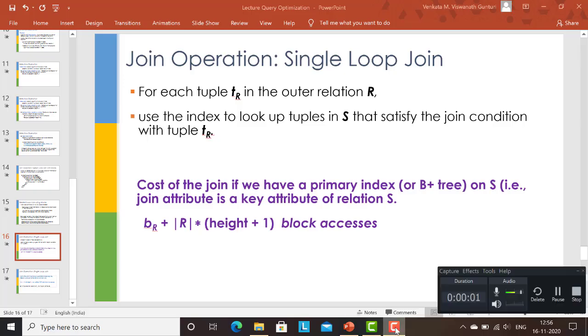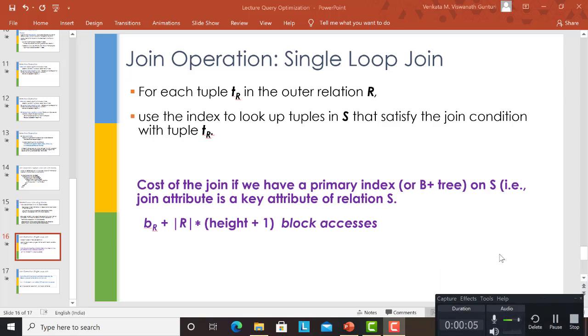Okay, let's continue with single loop joins now. So in the single loop join, the basic structure is that there is an outer relation R, and then we loop over the outer relation R, and then for every tuple from the outer relation R, we use an index on the inner relation S to see if there are any tuples which match the outer relation R, right?